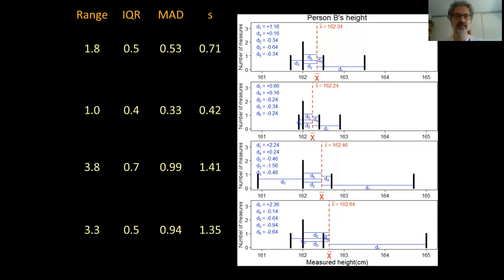And basically the difference between these two is that this triples. When you look at the standard deviation, the standard deviation of the original is 0.71, the condensed 0.42, the expanded 1.41, and the one with the outlier 1.35. So again, we see that this is about twice as much as that.